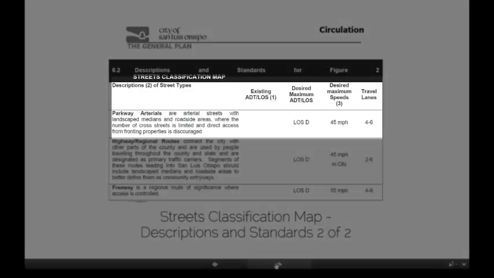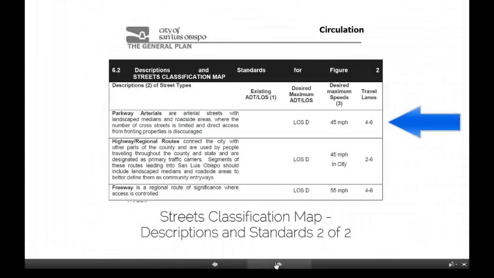Parkway arterials are arterial streets with landscape medians and roadside areas, where the number of cross streets is limited and direct access from fronting properties is discouraged. The table includes associated standards for parkway arterials: 4 to 6 travel lanes, speeds no greater than 45 miles per hour, and level of service D or better.